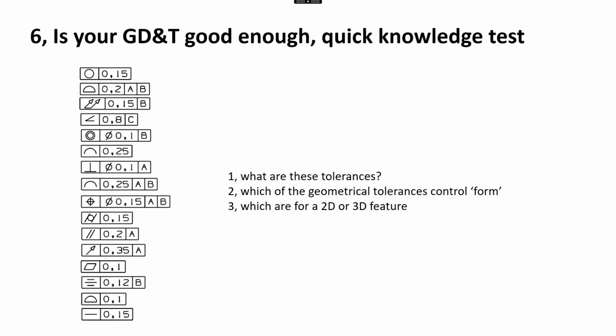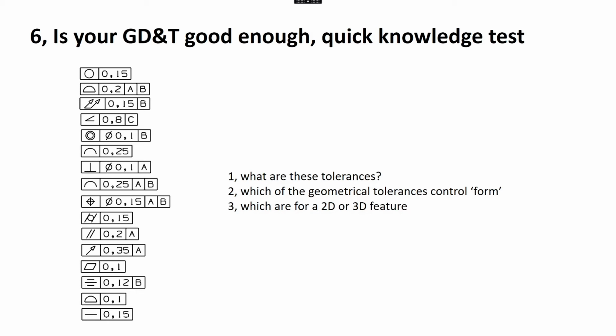Some symbols can control form, some orientation, some position, and some can do all three or a variation. So it's understanding how we can use these symbols. If you want to pause the video here and have a go, tell me what these symbols are, which ones control form, and whether they control a 2D or 3D feature.